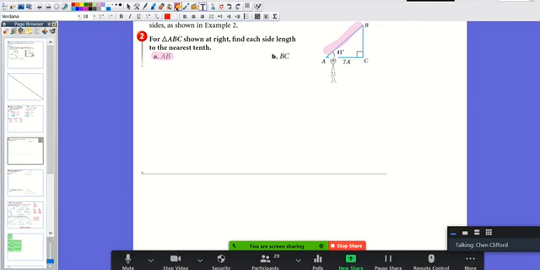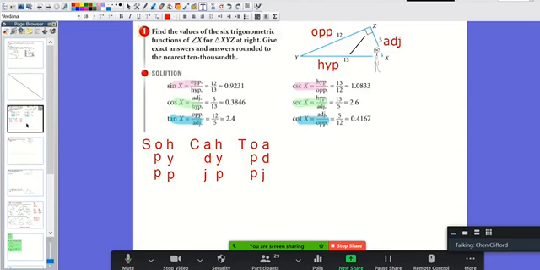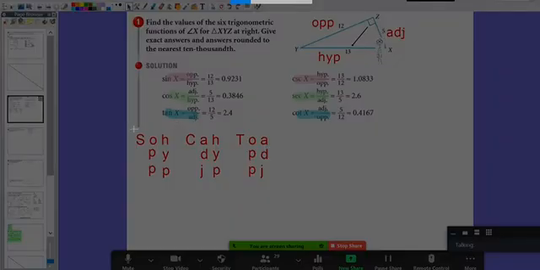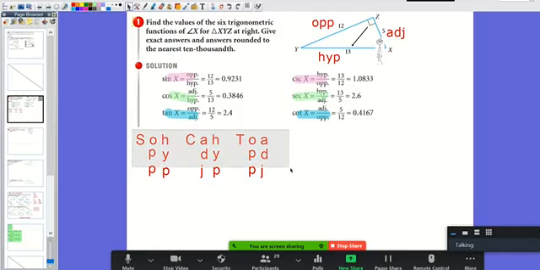AB in this case is going to be hypotenuse. All right, and 7.4 is going to be called adjacent because it's right next to the stick figure. So now we have... let me pull that up again.